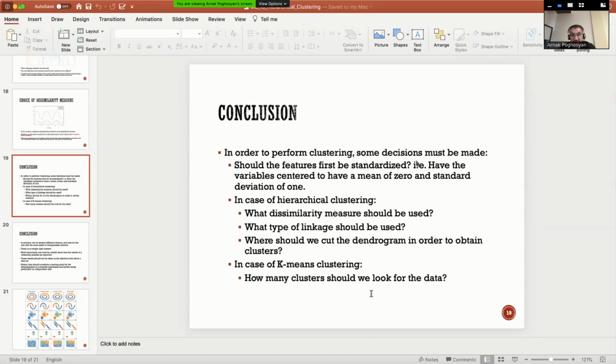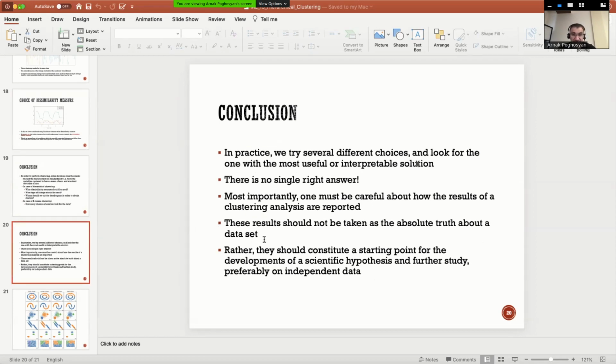Although in k-means we decide the number of clusters before starting the clustering, while in hierarchical clustering, we draw the dendrogram and only after it decide how many clusters we need. So this is the main difference.